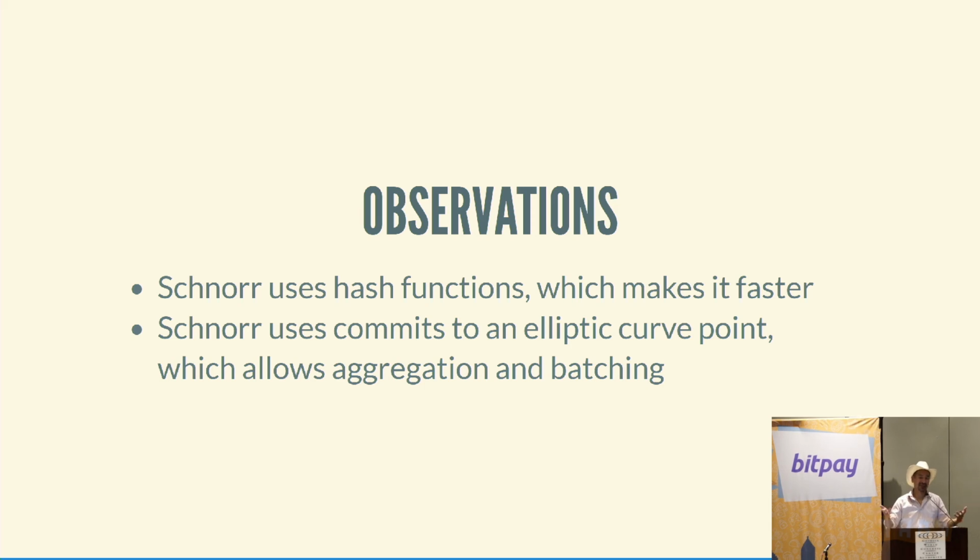If you do 2 of 3 multisig, what you end up with on Taproot is 3 branches of the MAST, Merkleized abstract syntax tree, that are all 2 of 2, and they all look like single keys. And as far as anyone on chain is looking at it, they can't tell if it's 1 or 7 or 20. Gives you a lot more privacy, right?